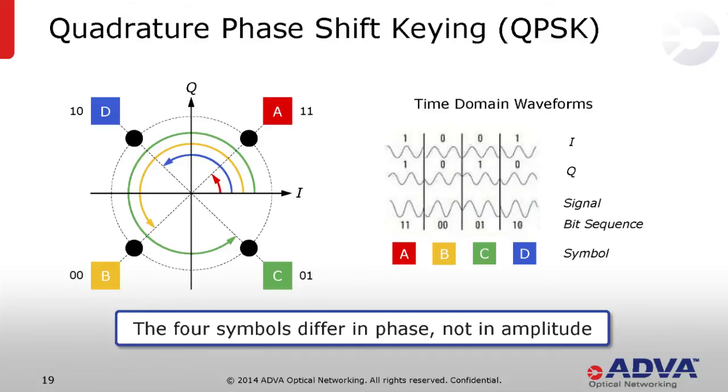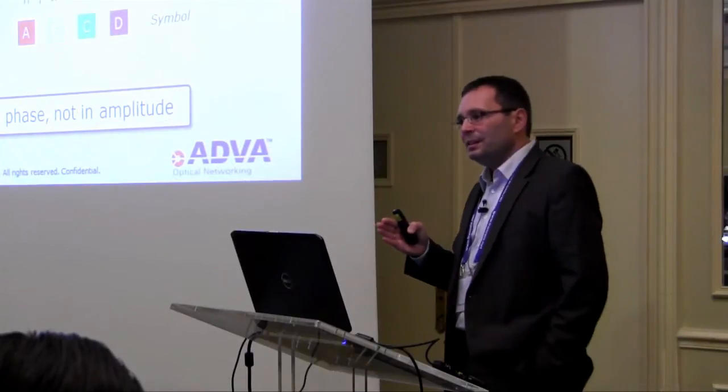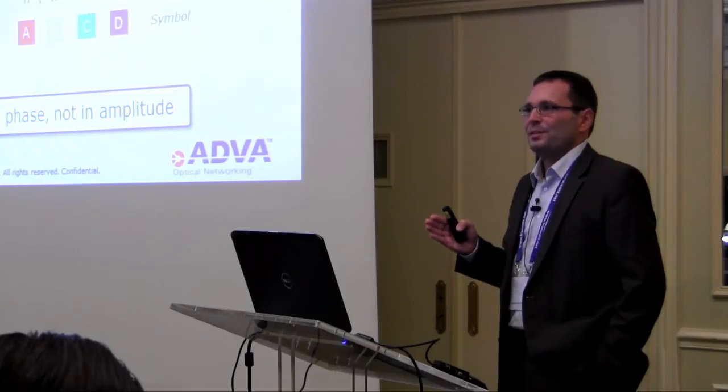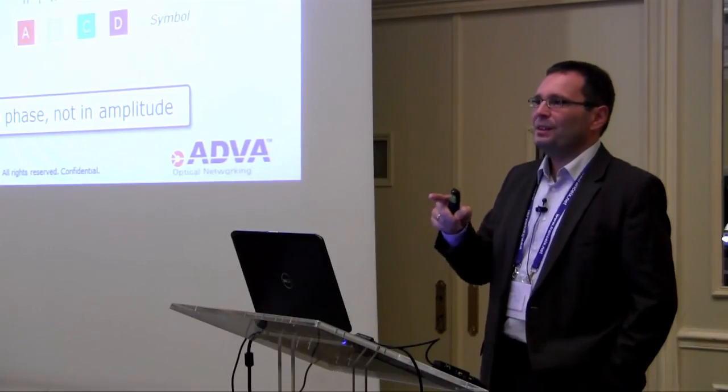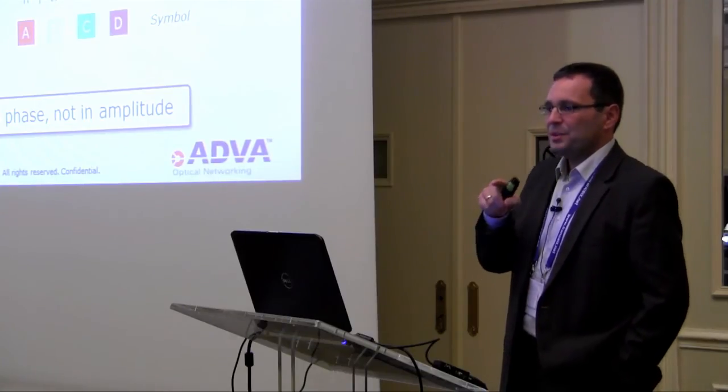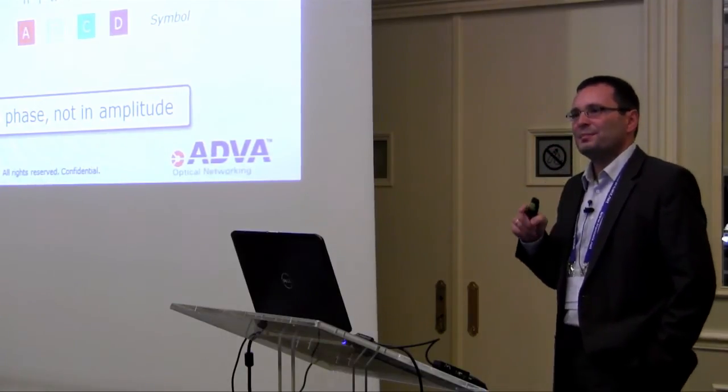And depending on whether we want to transmit A, B, C, or D, we use a different phase. So we shift the whole signal by a certain amount. QPSK still uses the same amplitude for all the symbols. So you can see they're all in the circle. So the distance from the crossing point in the middle to the points, the symbols, is the same distance.